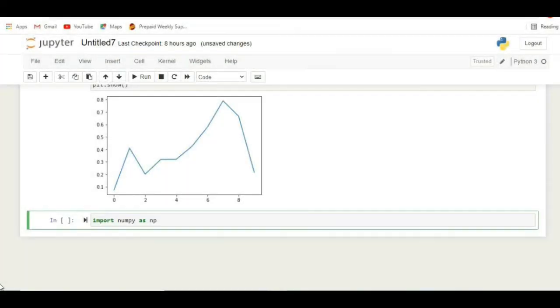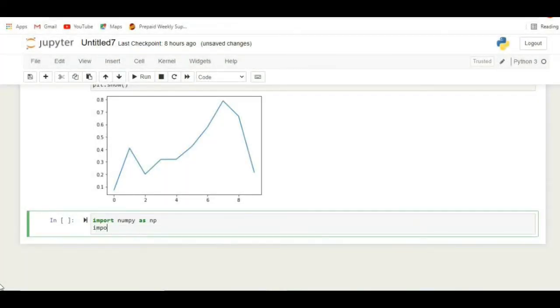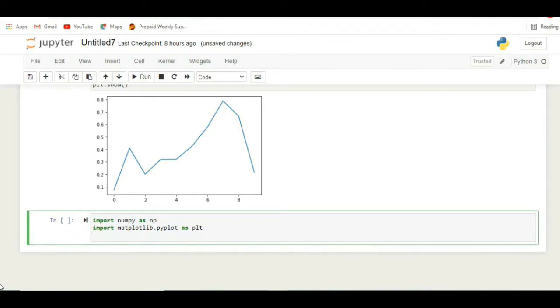Import numpy as np, and of course import matplotlib.pyplot as plt, and the next is import matplotlib as mpl.